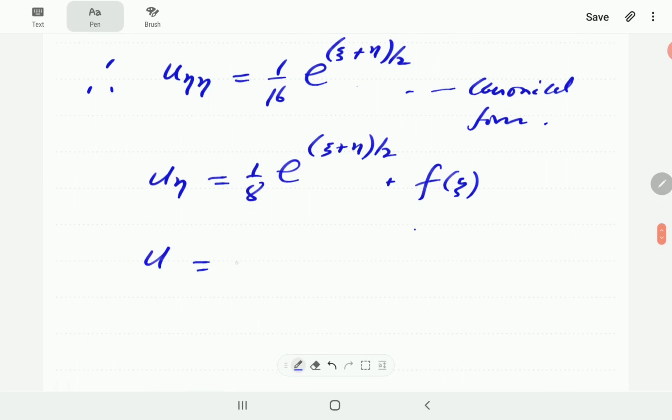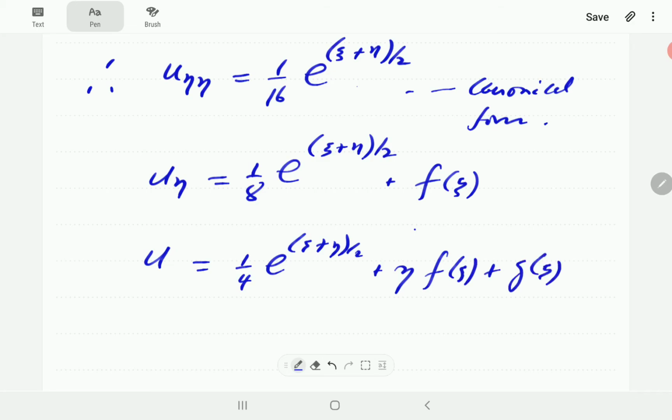Integrate again, multiply by 2 again, so e to the xi plus eta over 2. This is going to be eta f of xi plus g of xi.